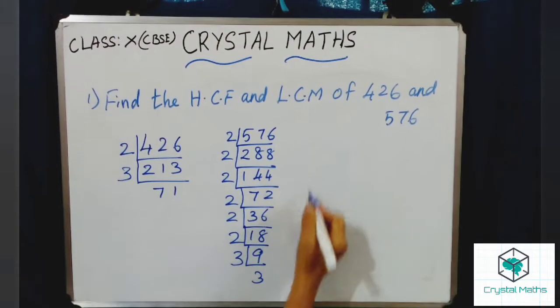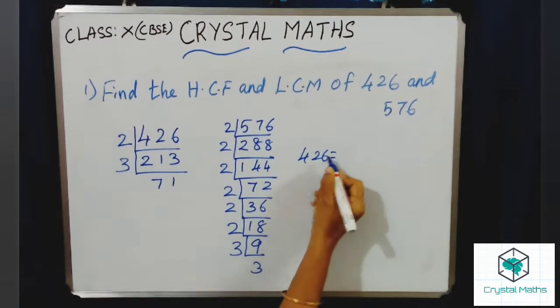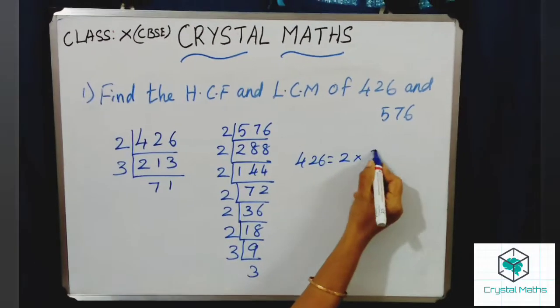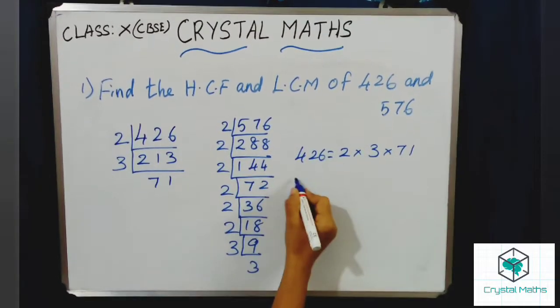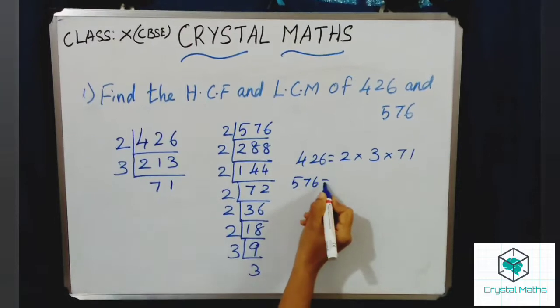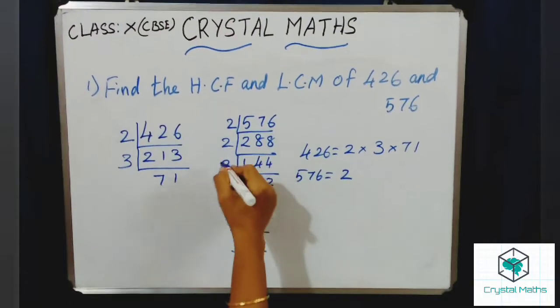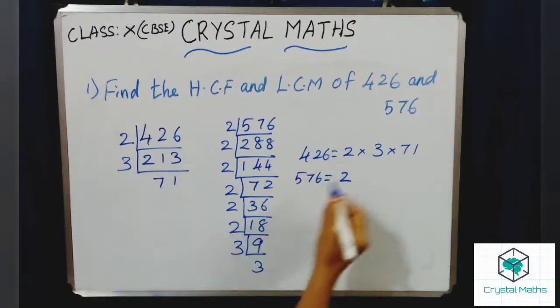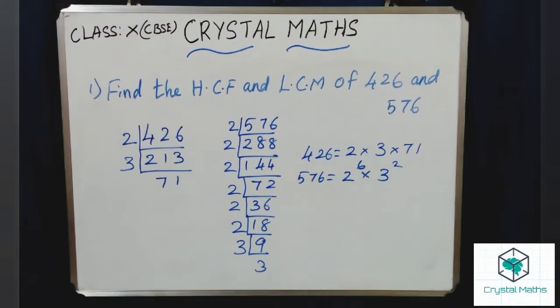If you write this in product form, 426 equals 2 into 3 into 71. 576 equals 2 power 6 into 3 power 2.